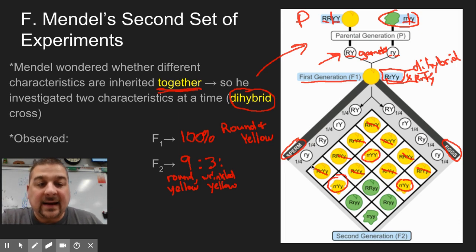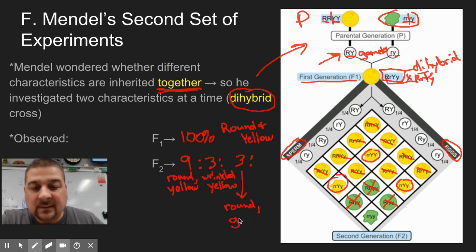Now, how many were round but green? So dominant for shape, round. 1, 2, 3, so 3/16. I'll put this one down here so we're not all jumbling together up there. Round but green.